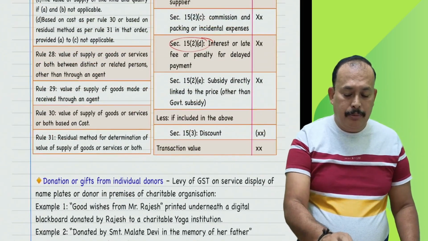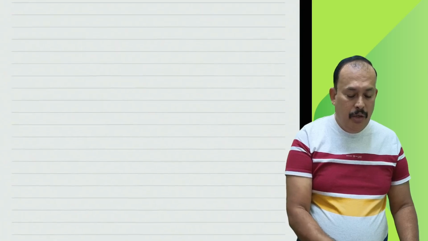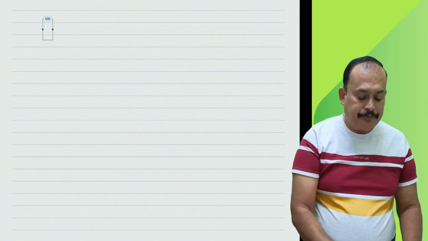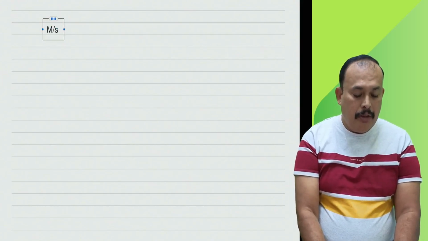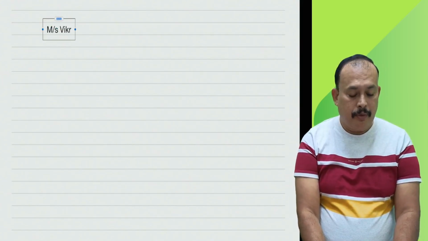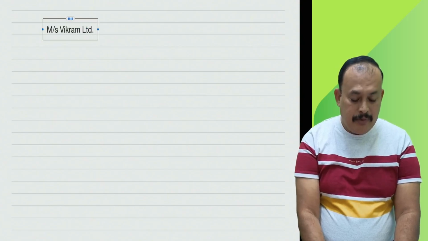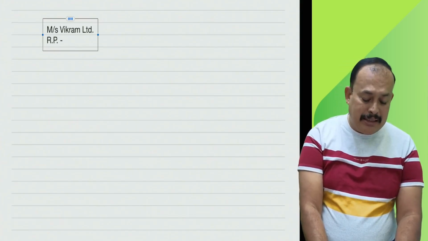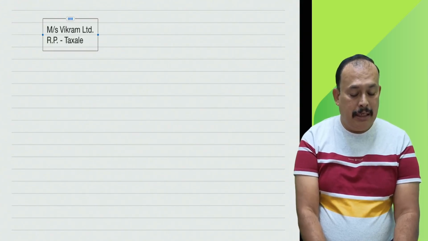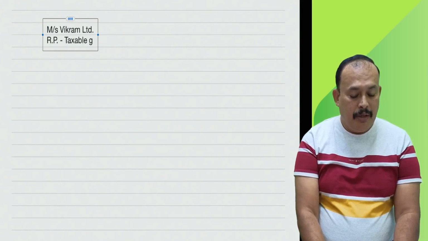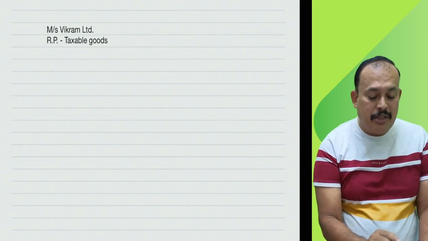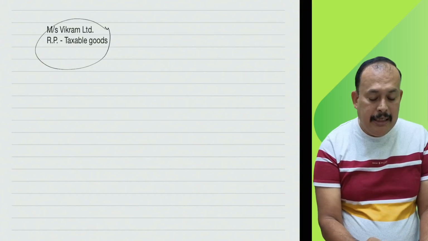One example. Look here. In the given case, Vikram Limited, which is a registered person, RP, dealing with, let us say, taxable goods, supplied the goods. Assume a scenario.